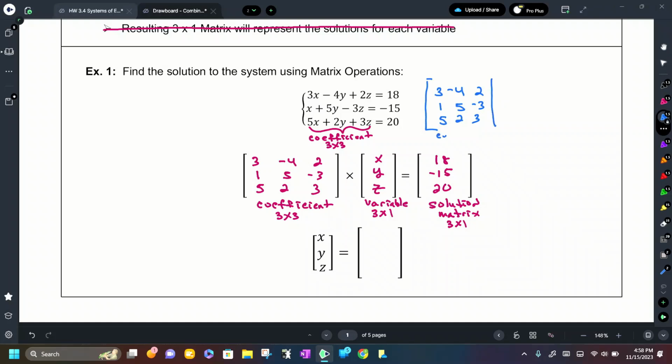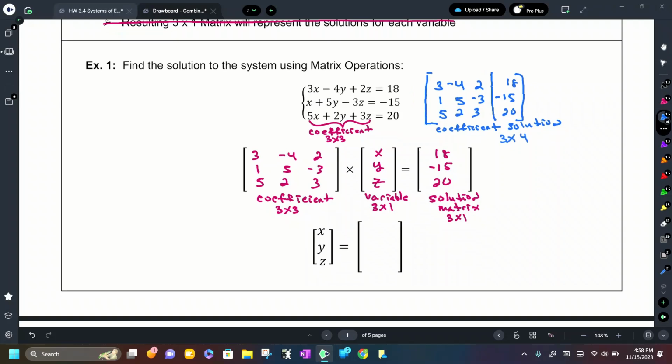Then we write our solution matrix right here: 18, negative 15, 20, and close that off. Now when we look at the dimensions of this combined matrix, it's 3 rows and 4 columns, so it's a 3 by 4. So we're going to grab our calculator and do a little work.